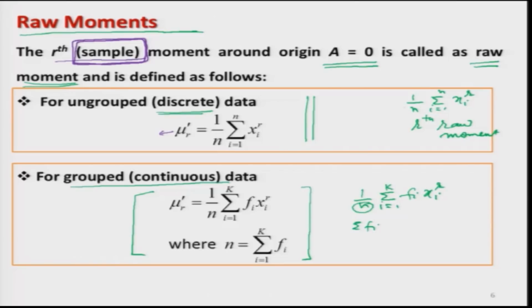Suppose I take the first case, where I have defined the rth moment for the ungrouped data. You can see that I am taking the sum over the observed data. What does this mean? I have taken a sample of data and I am trying to find the average over the sample values.